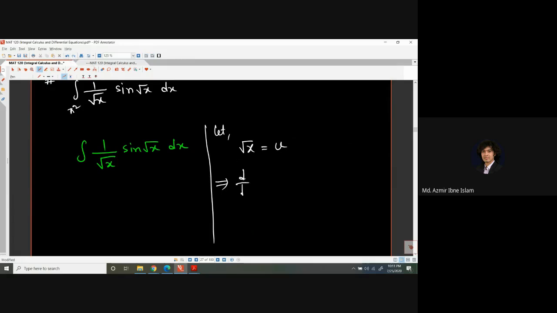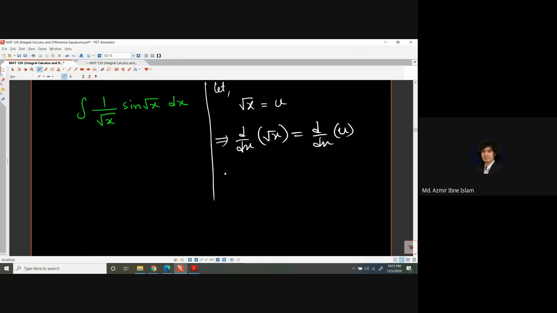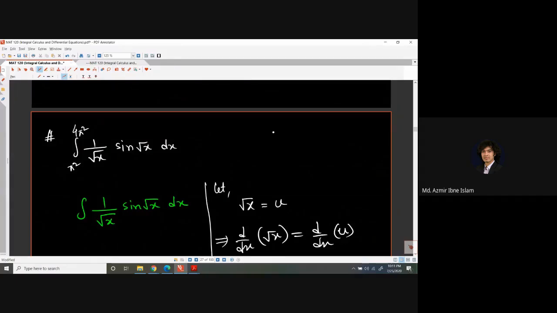Now we differentiate both sides. The differentiation of root x is equal to 1 over 2 root x. Let me describe: d/dx of x to the power 1/2, that is d/dx of root x, equals d/dx of x^(1/2). Applying the power rule, n x^(n-1), we get 1/2 x^(-1/2).